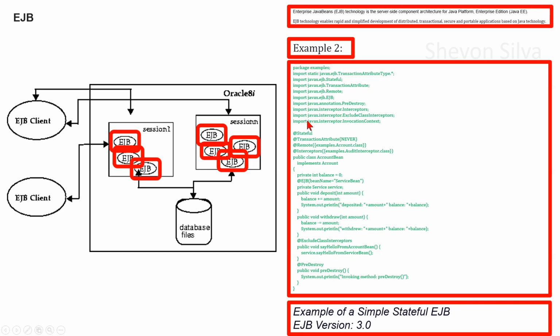Annotations that apply to EJB 3.0 are in the javax.ejb package. Annotations that can be used by other Java EE version 5 components are in more generic packages such as javax.interceptor or javax.annotation.